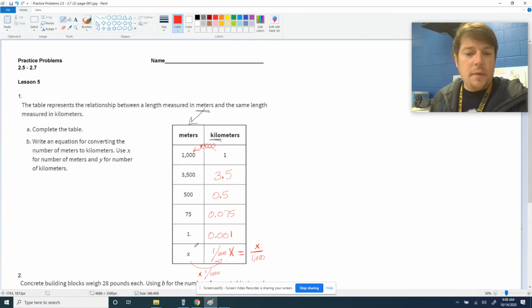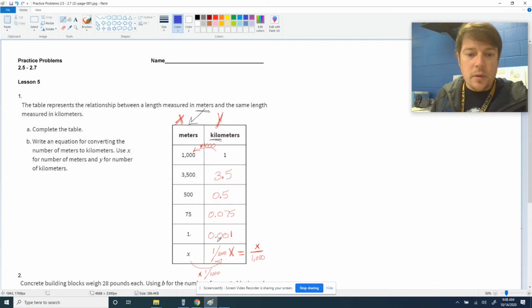And it wants us to write that equation, not the one I just wrote, because these are equivalent to each other. It wants us to write an equation for converting kilometers and meters using x for meters. So we're going to use x for meters, and y for kilometers. All right? I'll write both of them, and if you have either one, I'll accept it. The first one I'm going to write is the one we already started writing.